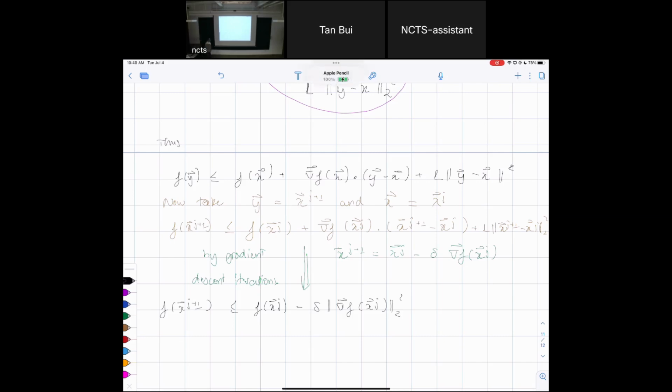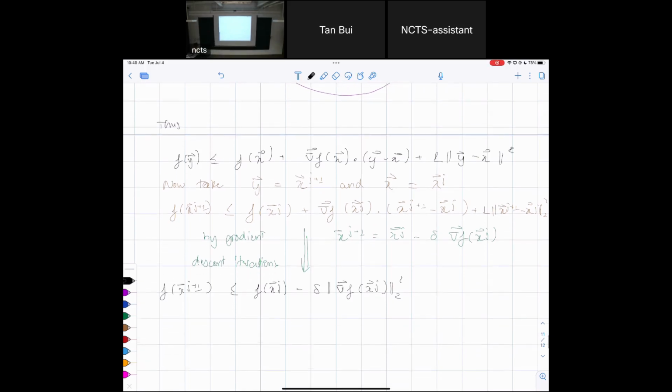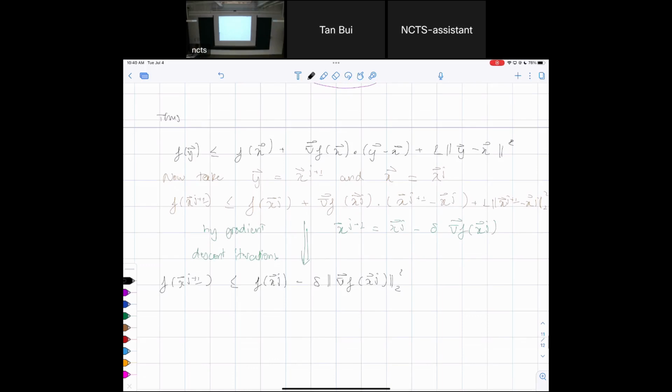We also have this term: x_{j+1} minus x_j is delta times the gradient, squared. So we have delta squared times L times exactly this term. We're going to do substitution in there. So we have plus, oh, I'm sorry, there's a half here. I forgot.